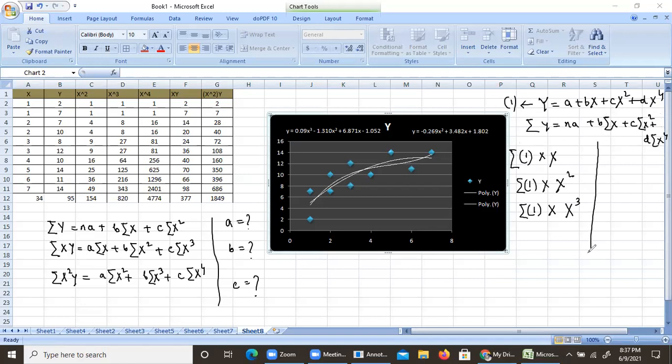But solving 4 equations for 4 unknowns is not a very easy matter, for which, as you know very well, some other type of knowledge is required, and that knowledge is actually abstract algebra, not linear algebra, because we are not dealing with linear curves here. So I'm not going into the detail of that.